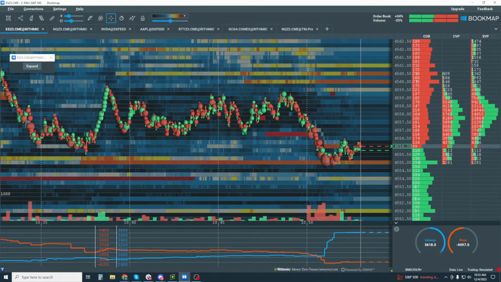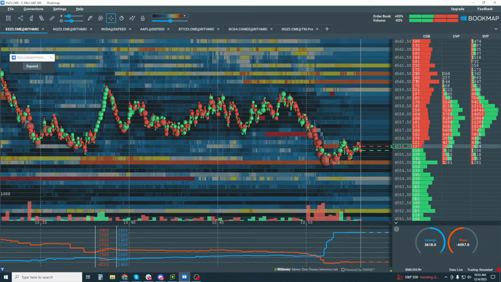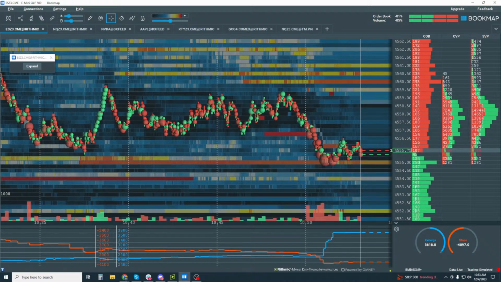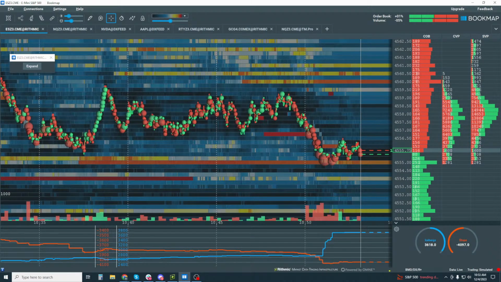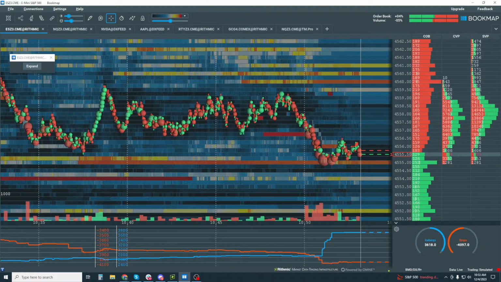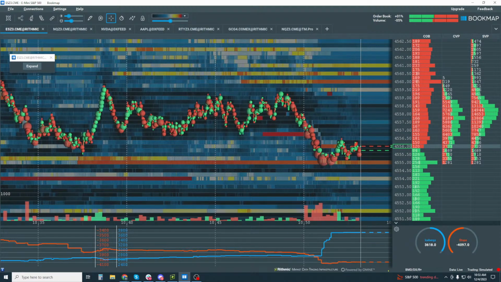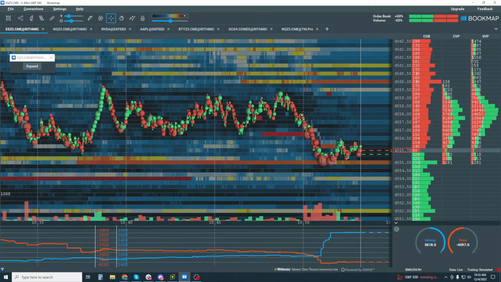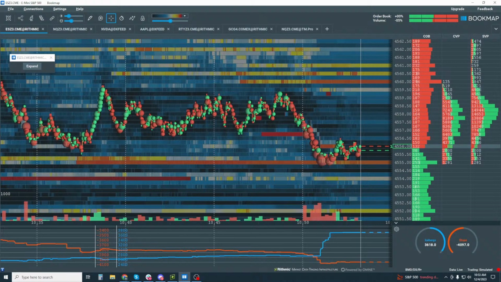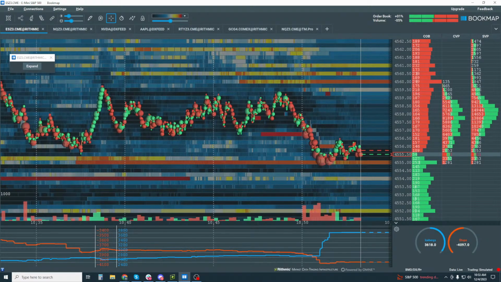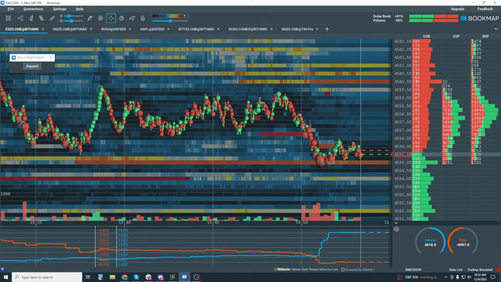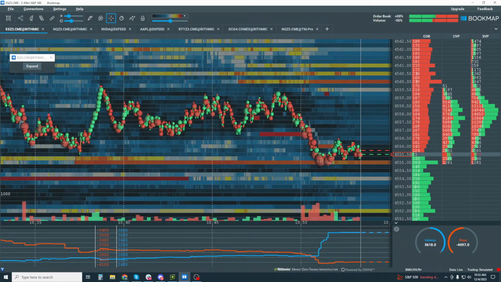There's no business deal that we have with Rithmic whatsoever. There's nothing going on there at all. We just like their data, and our platform requires really high quality data.